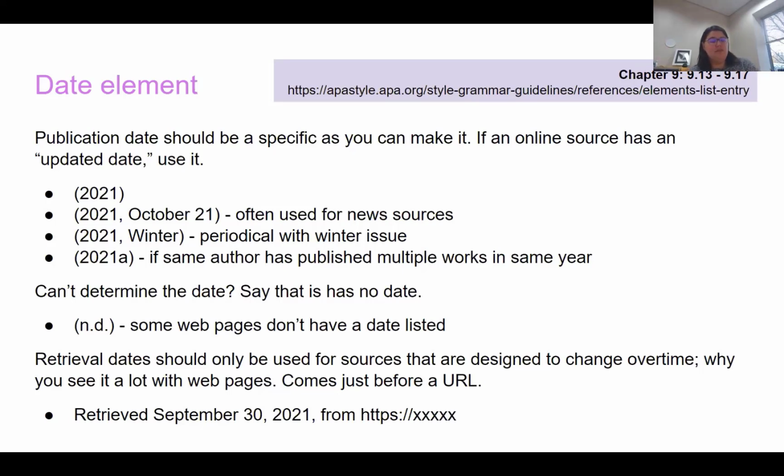And these really only need to be used for sources that are designed to change over time, which is why you will see them with a lot of web pages. But this retrieval date comes a little bit later in the source element. I just wanted to put a point here. You won't use it in that initial date spot. Okay.